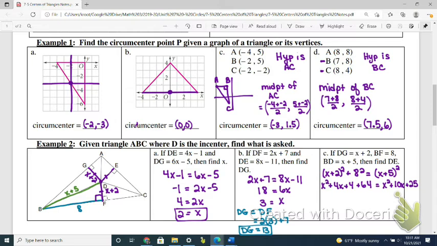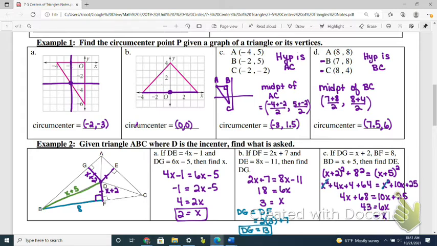Notice I have an x squared on both sides. Those end up canceling each other out. So I'm going to collect like terms. Over here I get 4x plus 68 equals 10x plus 25. So I'm going to subtract 4x from both sides. I'm going to subtract 25.